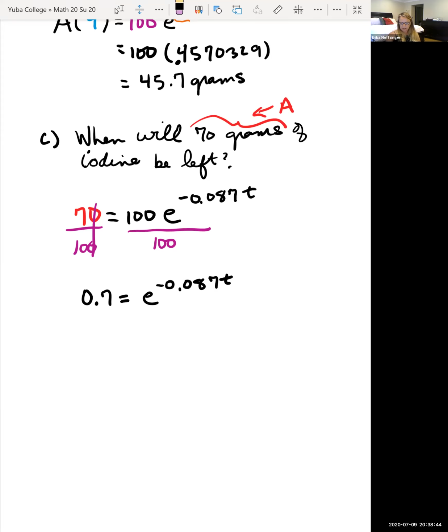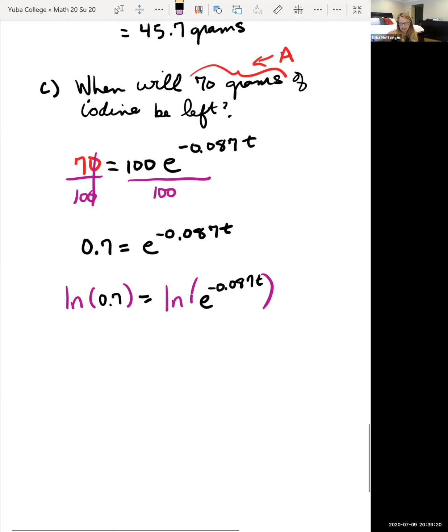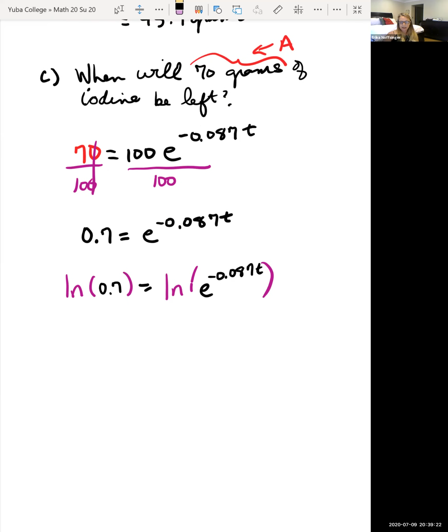So let's look at this as using natural logs of both sides of our equation. The reason we chose natural log is because we had a base of e. Natural log of e, this is log base e.